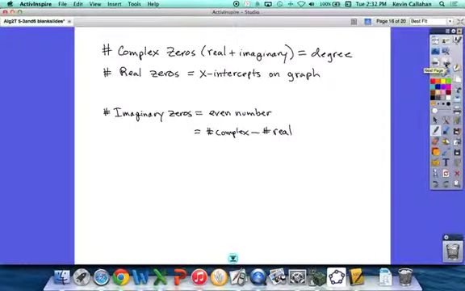Okay, so the number of complex zeros, real plus imaginary, is the degree. The number of real zeros is taken from the x-intercepts on the graph. Okay, but remember, you've got to take into account the multiplicity, right? Because sometimes one x-intercept might lead to more than 1 zero. So take into account multiplicity.